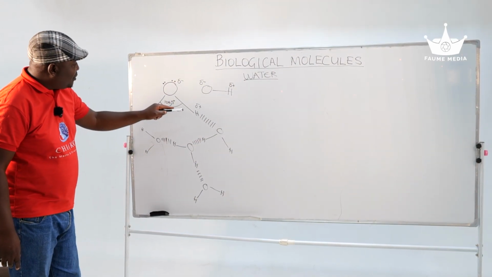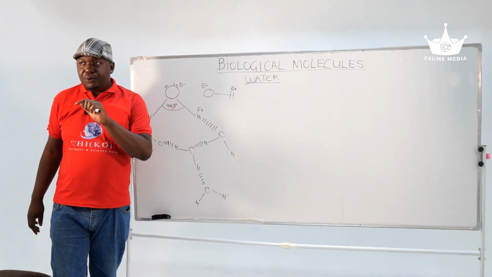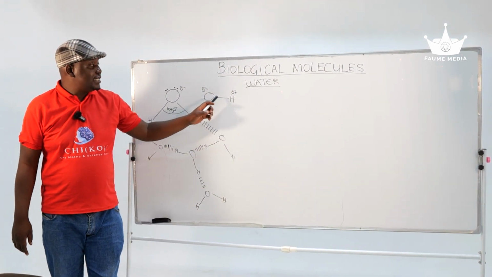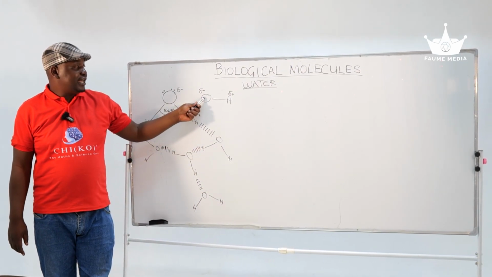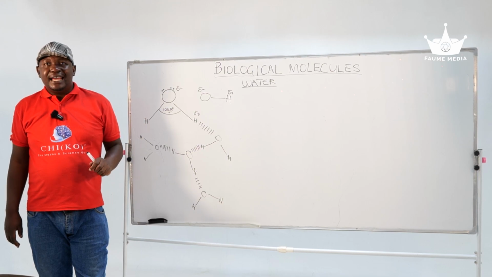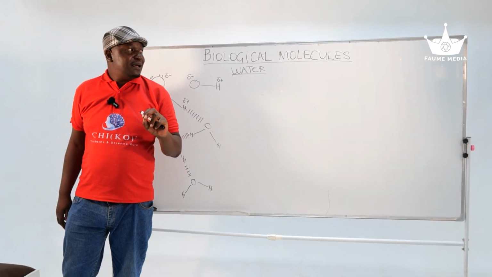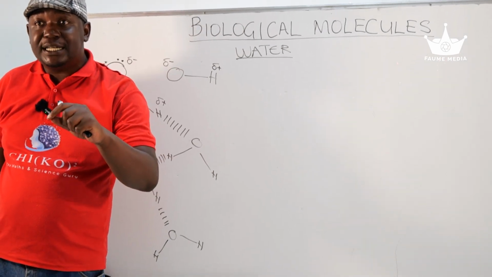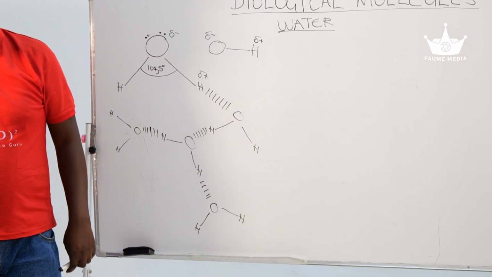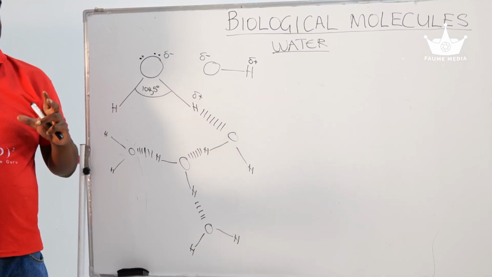So this hydrogen bond, being brought about by the polarity of the oxygen-hydrogen covalent bond, by the high electronegativity of oxygen, is the one that is responsible for some of the unusual characteristics of water that are important for life processes.